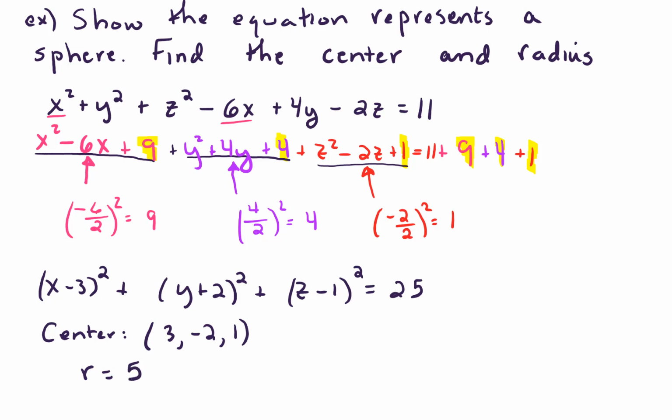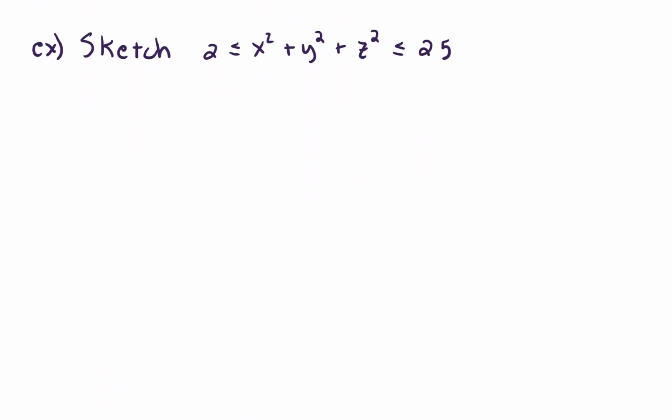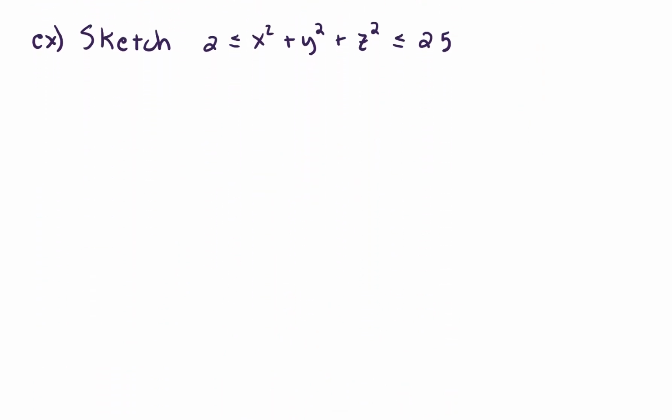Okay, for a last example, I'd like to look at something a bit like a sphere, but we've got an inequality in here, so we have to analyze this a little bit differently. So I'd like to look at two sides of this inequality.